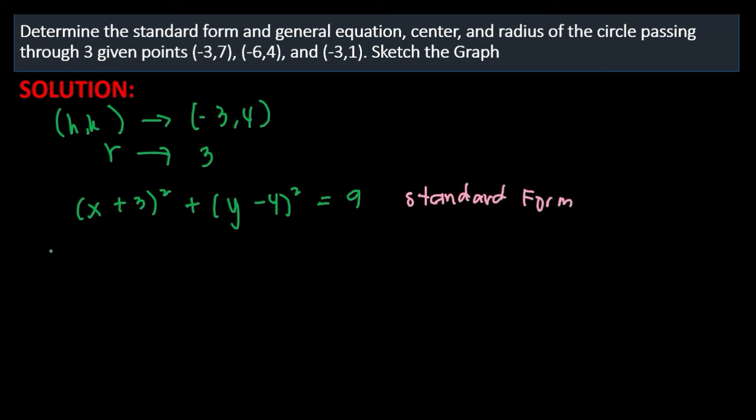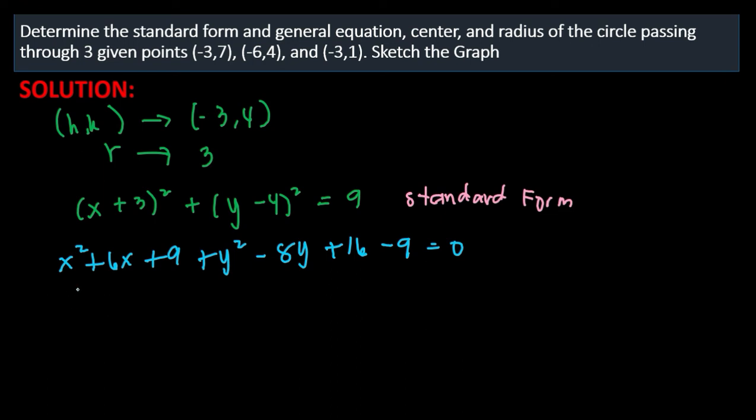Kuhain naman natin yung ating general equation. Expand lang natin itong ating standard form. So, we will have x squared plus 6x plus 9 plus y squared minus 8y plus 16 minus 9 is equal to 0. Okay, so now we may arrange our equation.